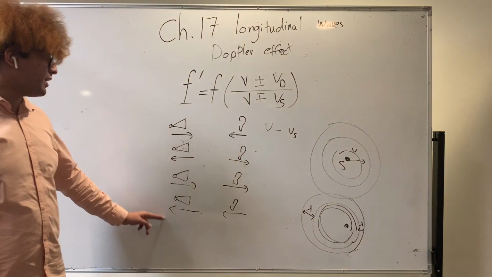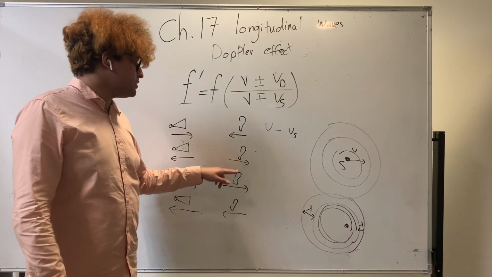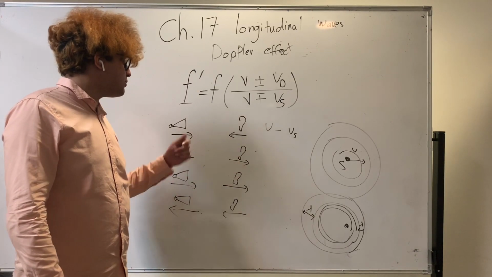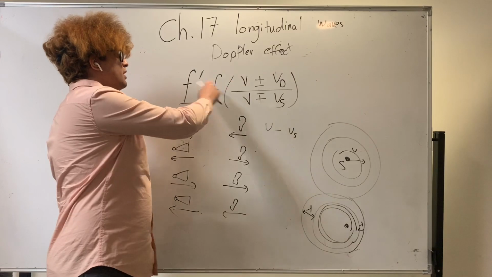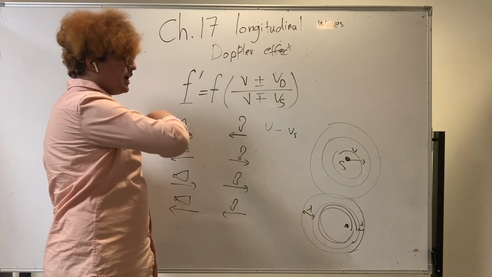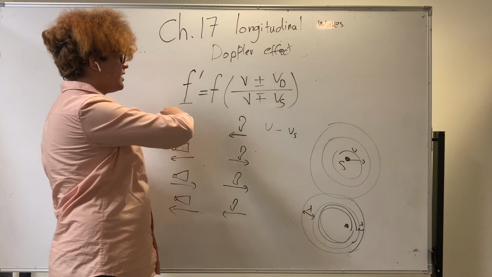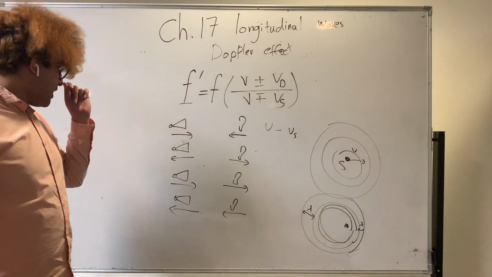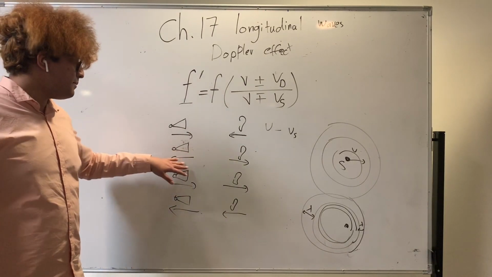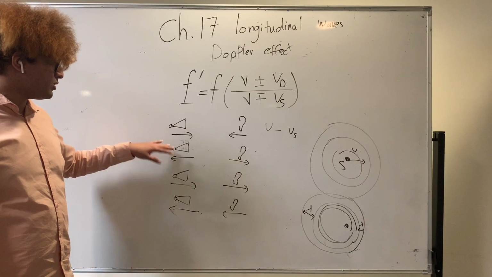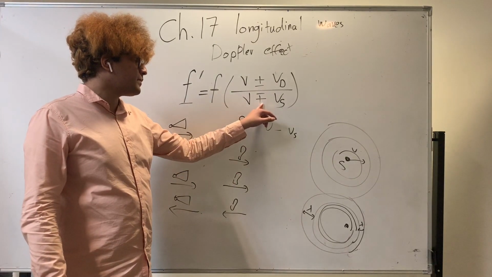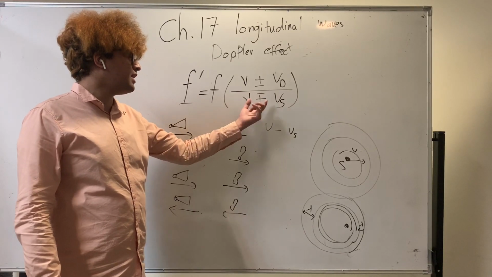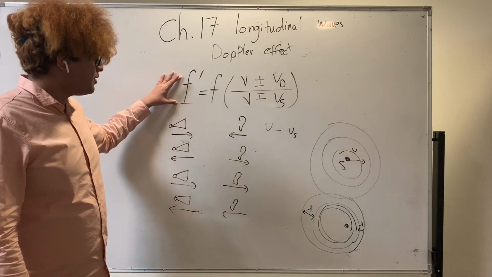And we have four possibilities. If you have a detector that is moving away from the source, then we're going to use the negative sign. Why? Because we want to make this smaller than this. And remember that a small numerator is going to give a smaller quotient. And in this same scenario, the source is moving away from the detector, so we want to add a plus sign between these two, because the larger this gets, the smaller this gets.